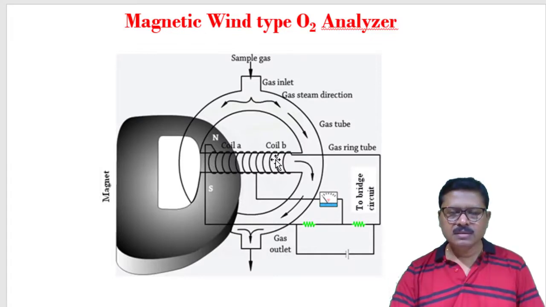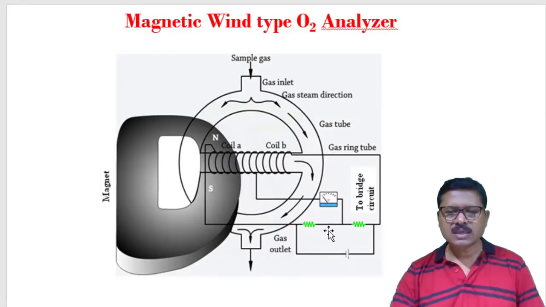This tube is surrounded by a coil. This is the full coil. One end of the coil is connected with one end of the supply, and the other end of the coil is connected with the other end of the supply. Now at the middle of this coil there is a connection, and this is connected via the meter with this point.